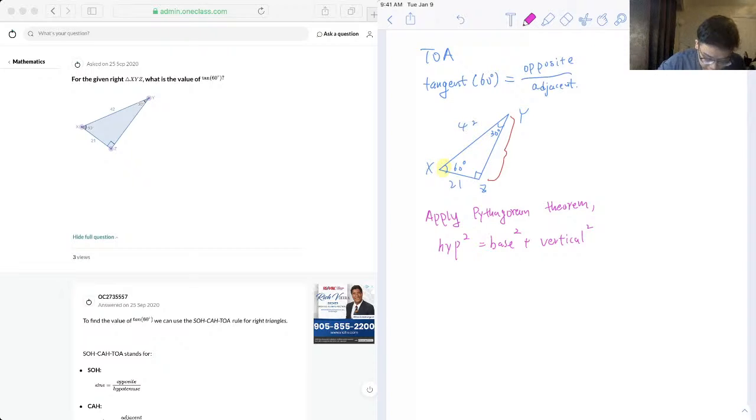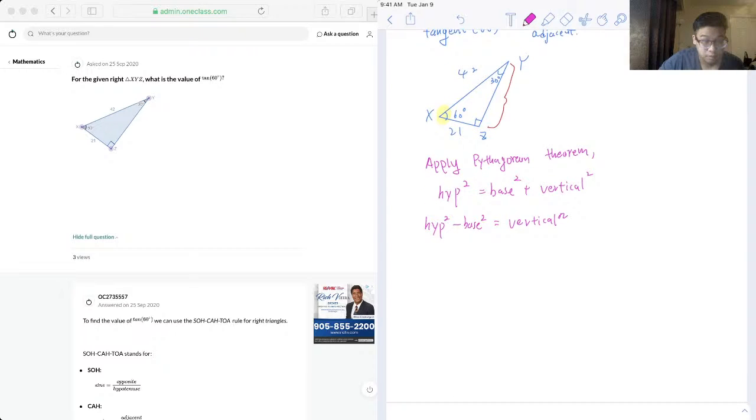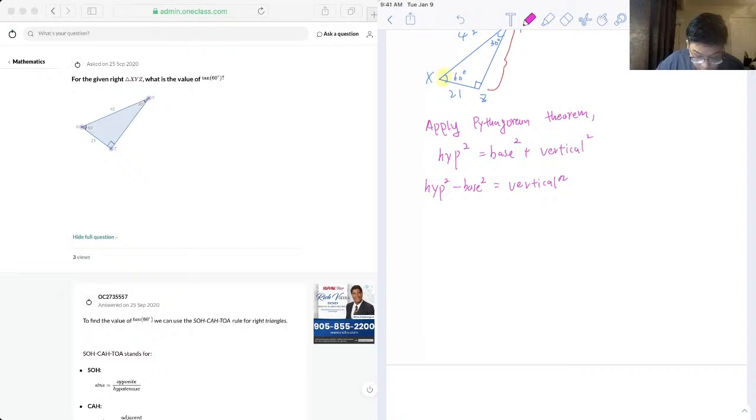And now we move base to the left side, which we have hypotenuse square minus base square is equal to vertical square. And because we want to know what vertical is, we take a square root on both sides. Since we root square a vertical square, the 2 is cancelled out. So we have vertical left.